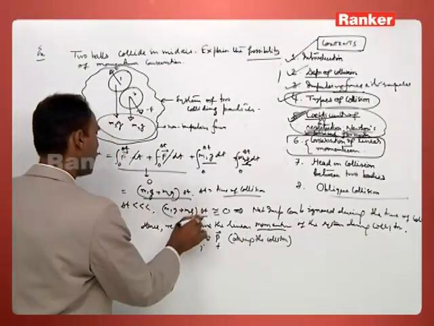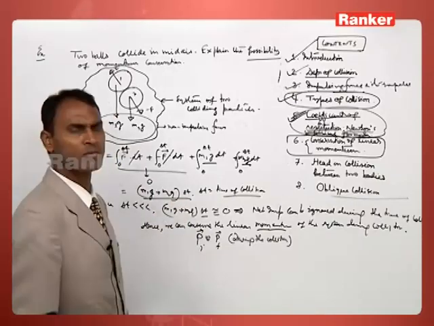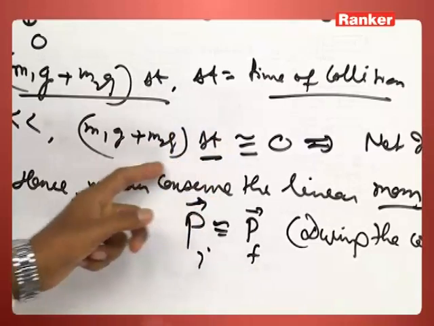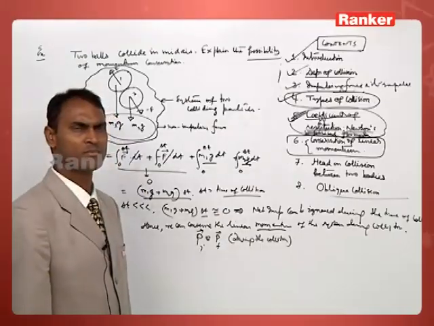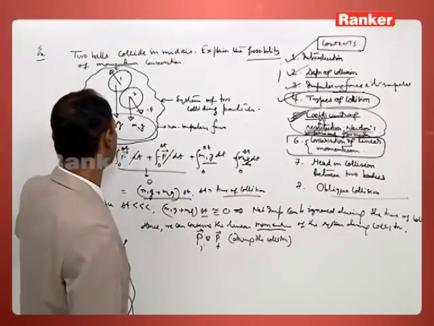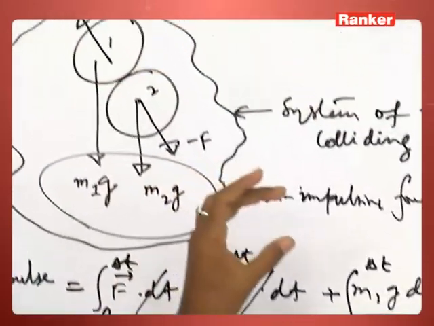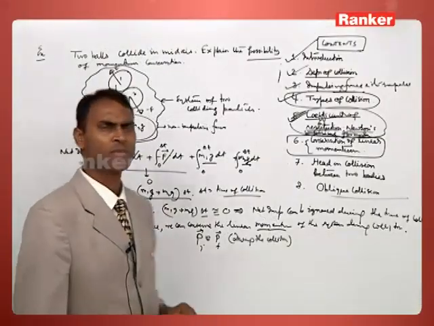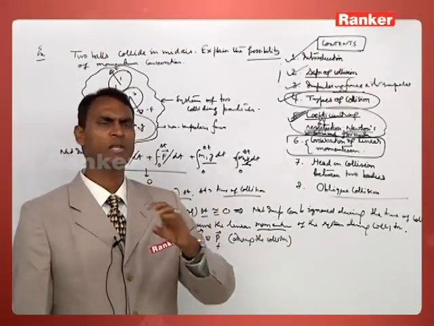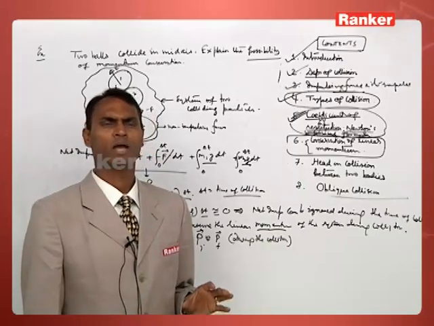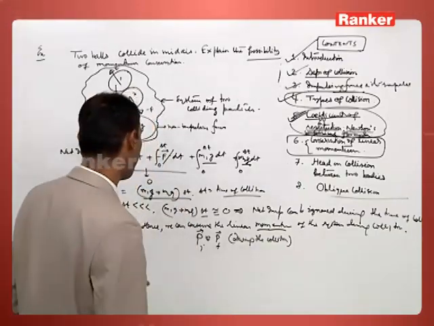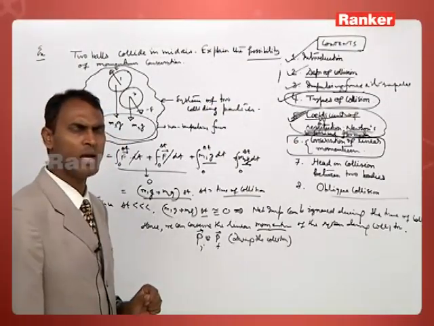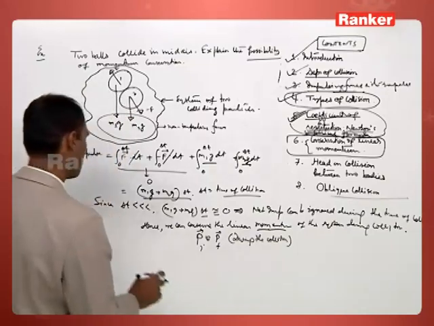And when the time interval is more, say 1 second, 2 seconds, 3 seconds and so on, we cannot ignore this portion. In other words, the finite gravitational forces, the non-impulsive forces, can change the momentum of the system significantly during a considerably long time.